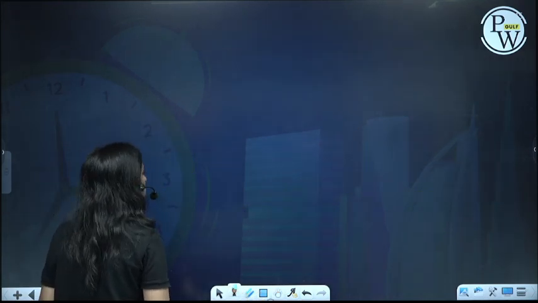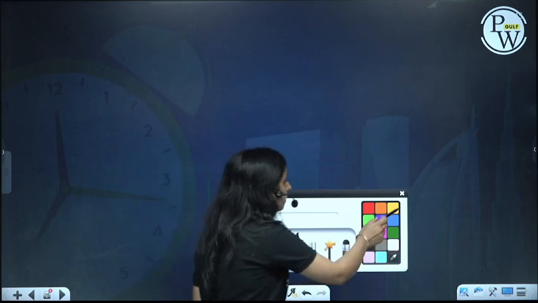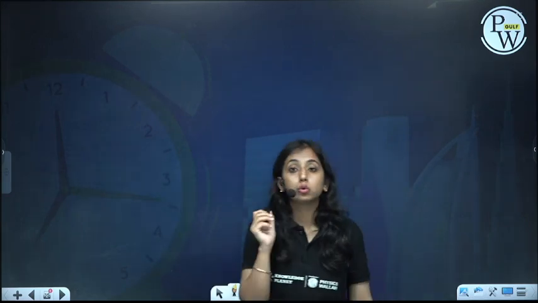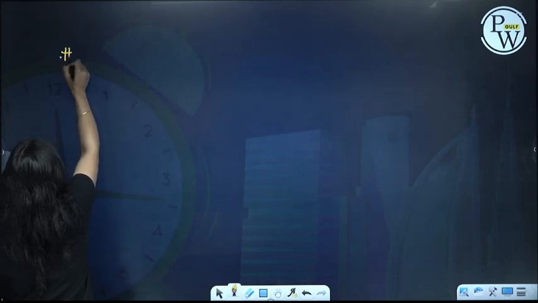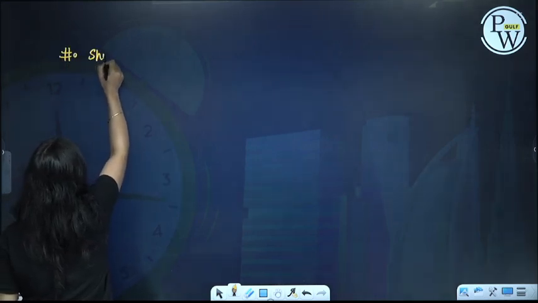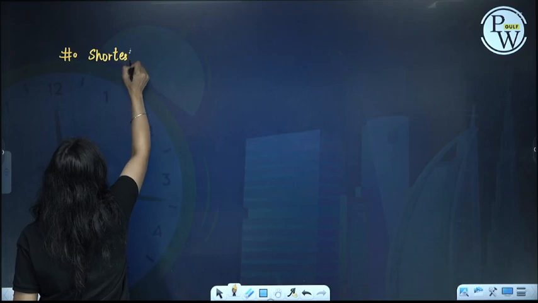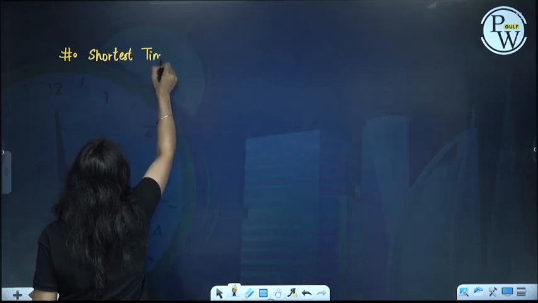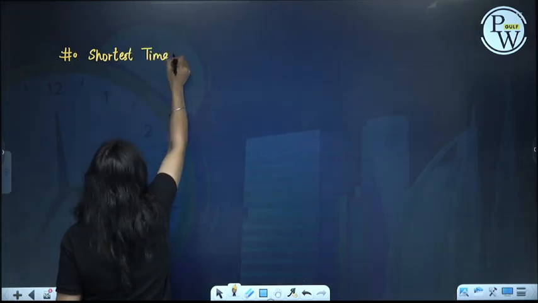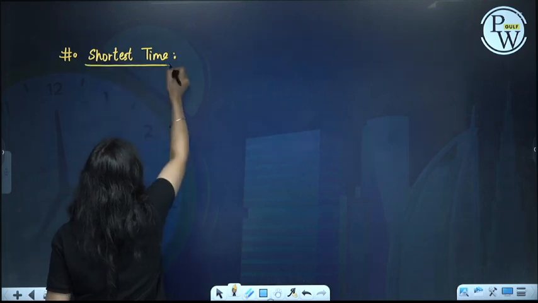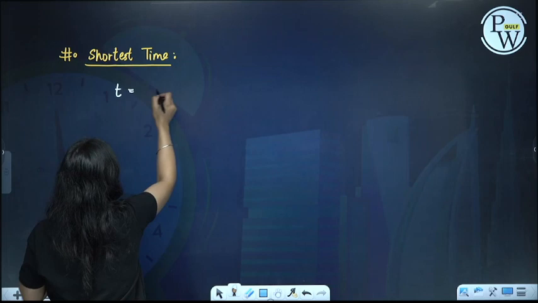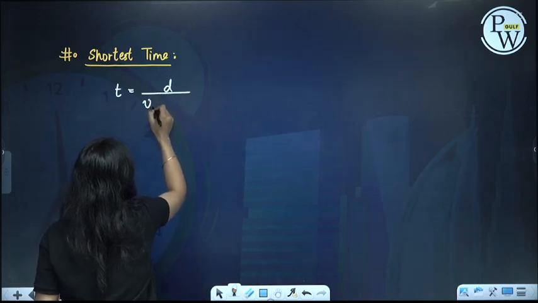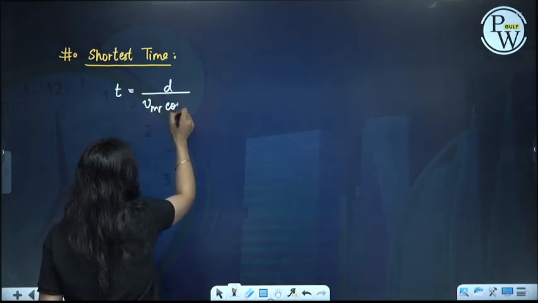Now let's do a special case of this. Man wants to cross the river in the shortest time. Now if the person wants to cross the river in the shortest time, time is given by t equal to d divided by VMR cos theta.